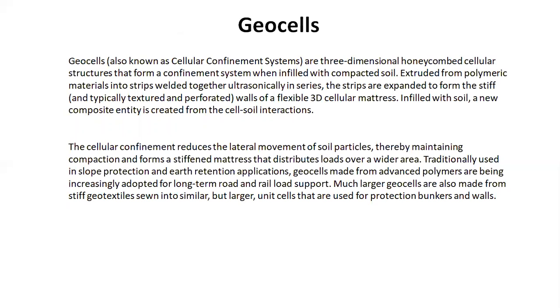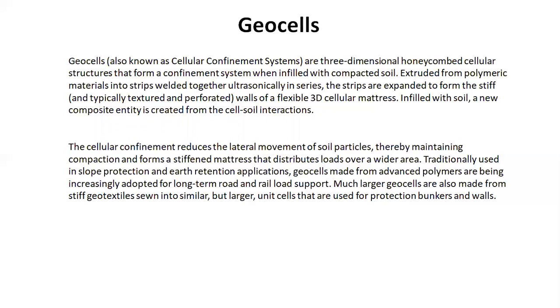So geocells, also known as cellular confinement systems, are three-dimensional honeycomb cellular structures. They form a confinement system when infilled with compacted soil, extruded from polymeric material into strips welded together ultrasonically in series.